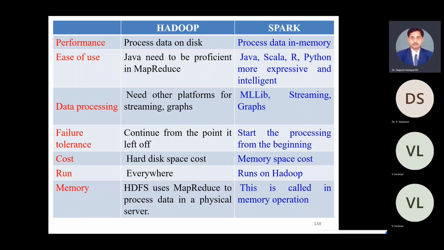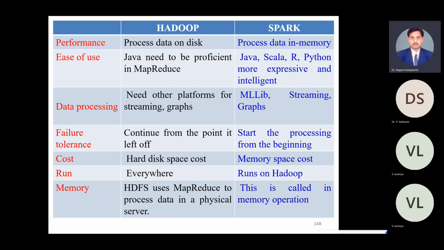You need other platforms for streaming and graphs in the Hadoop environment. Whereas in Spark, data processing uses a machine learning library and Spark Streaming for streaming data. That's why GraphX, the machine learning library or other tools like Pig, Oozie, Cassandra, Hive, HBase, we can easily integrate with Spark for data processing.